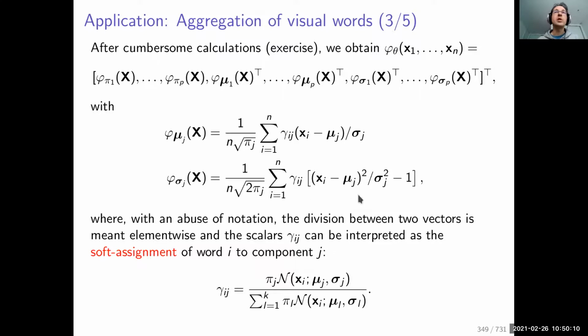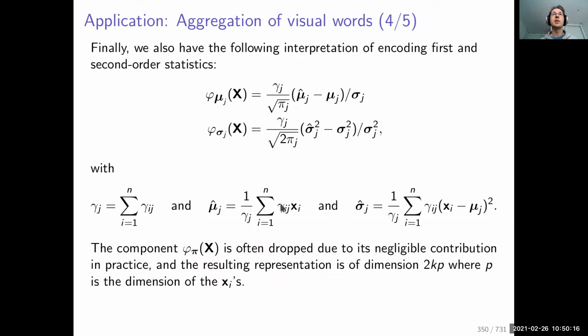And we have something similar for the second order moments, which are given by this formula. The interpretation is similar. Okay, so if I want to use more compact notations, this is exactly what I was mentioning. The part phi mu j of x is simply encoding some empirical average mu hat j.